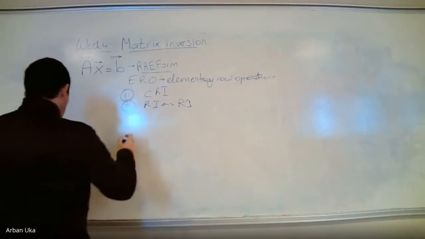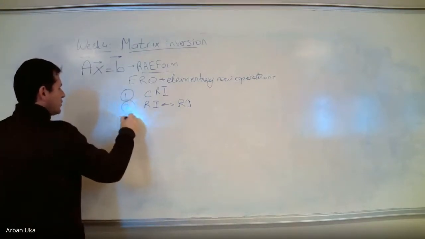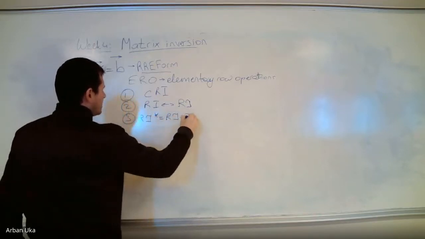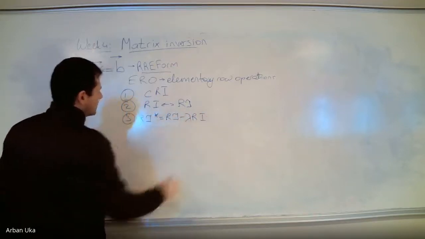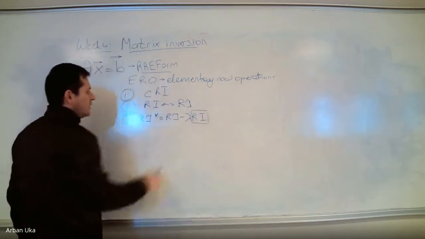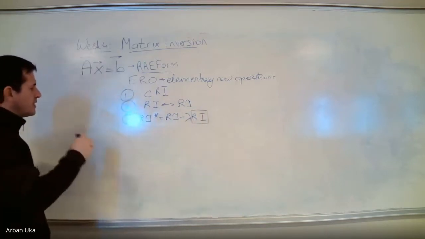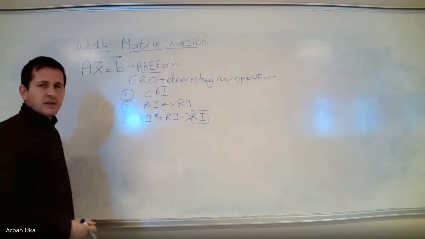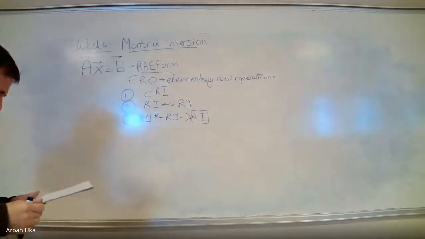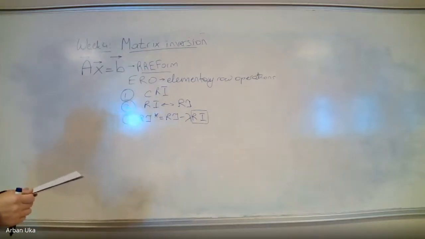And the final row operation is the following: row j star is equal to row j minus delta row i. This is the pivot row, and this is the row that will be affected, the row which will be changed. So these are the elementary row operations.